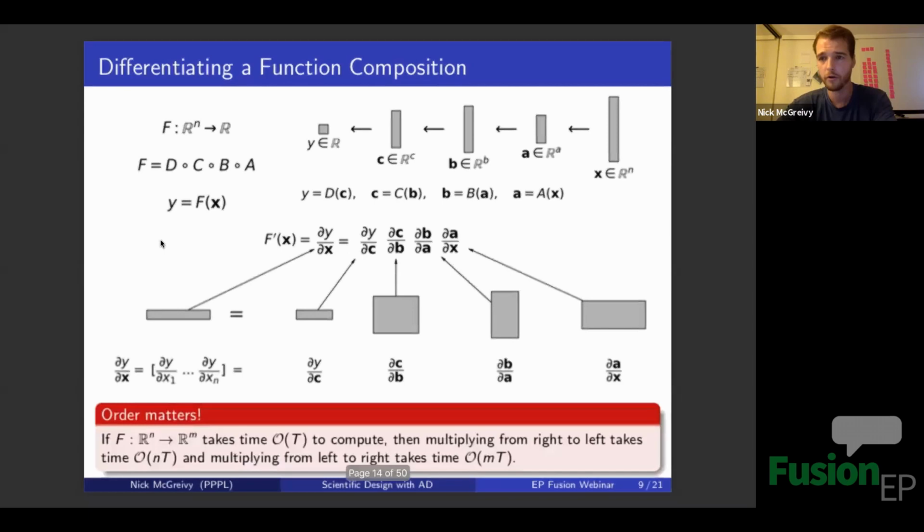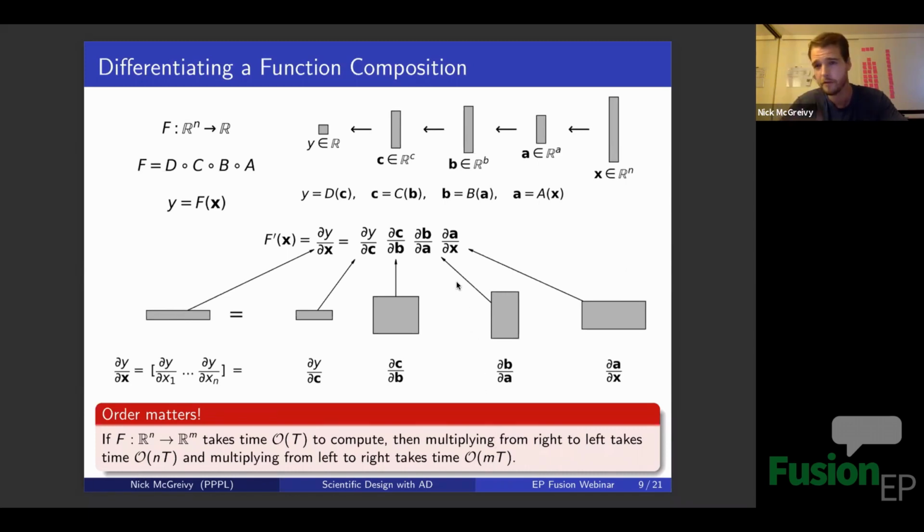So the order really matters when you're taking derivatives and multiplying elementary Jacobian matrices. In general, if you have a function f from R^n to R^m that takes time O(t) to compute, then multiplying from right to left takes time O(nt), and multiplying from left to right takes time O(mt).